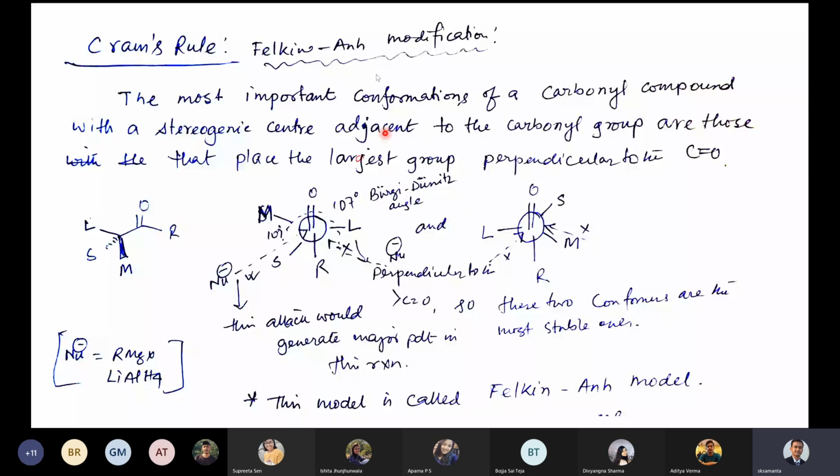So in case of Cram's rule, again the same compound we are translating into this model. In Cram's model, L was placed anti to O, so M could come here, S could come here. But in case of Felkin-Anh's model, this L is placed perpendicular to this oxygen, because in that case your L group and your R group will not have much steric interaction.